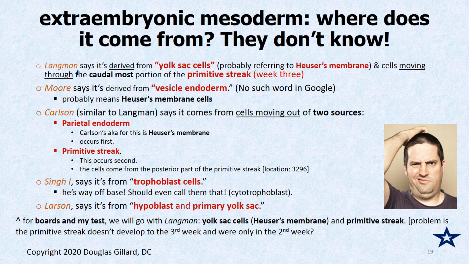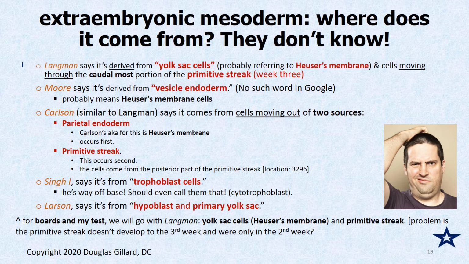Langman, a Chiropractic Board Book, says it comes from yolk sac cells. So we don't even have yolk sac cells. He's probably talking about Heuser's membrane. Now that's the first time they used yolk sac cells out of the blue. And it also comes from cells moving through the caudal portion of the primitive streak. Well, that's ridiculous because we're still in week 2 and the primitive streak doesn't even form until week 3.